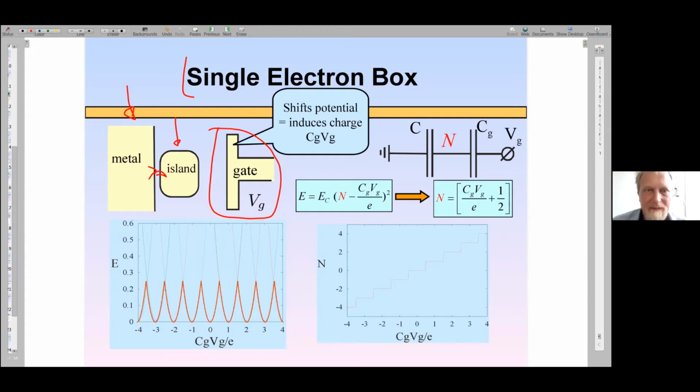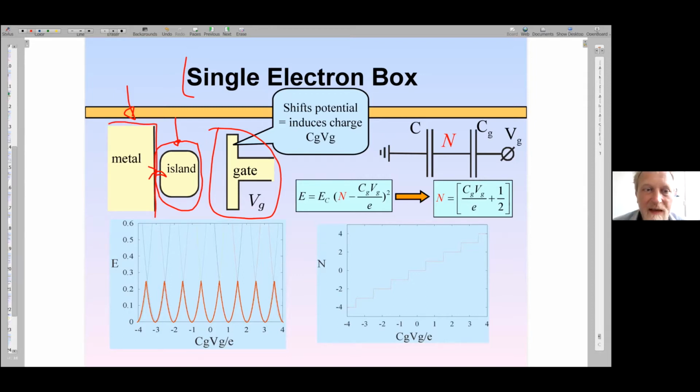Fine. Coulomb blockade. So what do we have? We have an island which can host an integer number of charges, with a metal with which we can supply charges to this island.